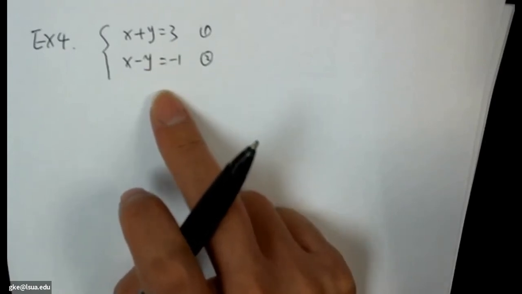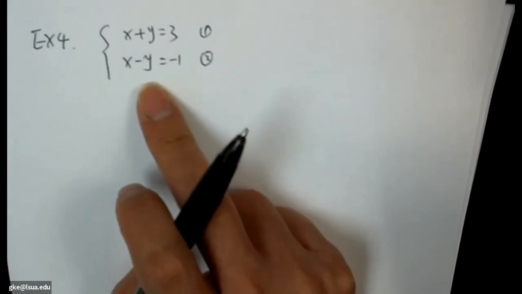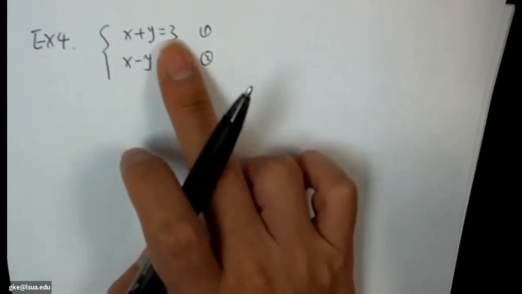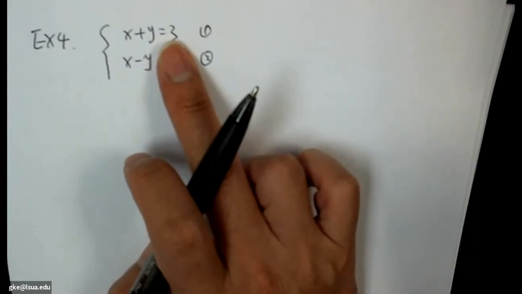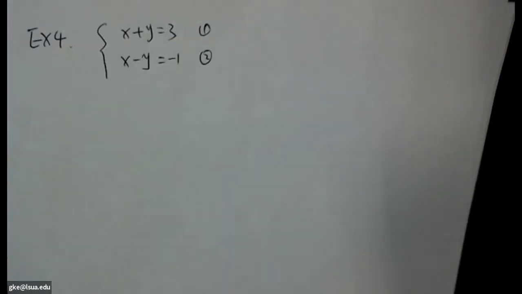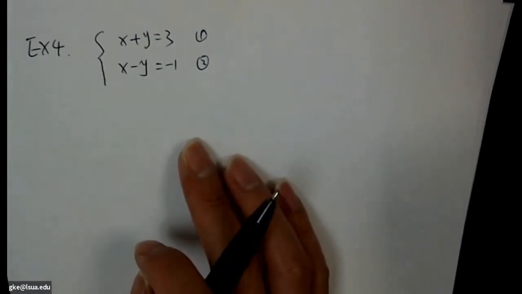And we get a one-variable equation. We're going to solve this equation and obtain the value of x. After you get the value of x, you plug it back in to get the y value. Okay, that's one strategy. The second method we call elimination.